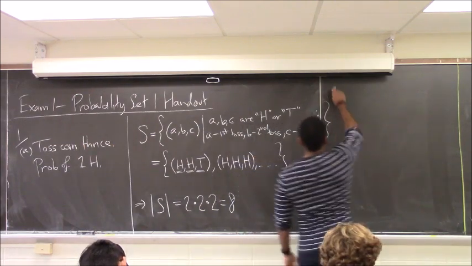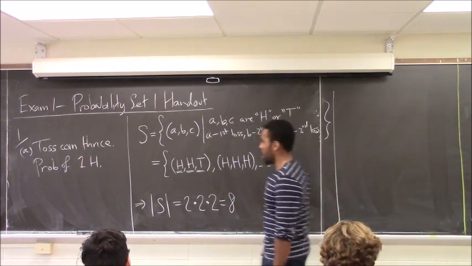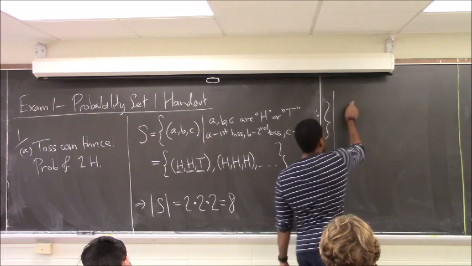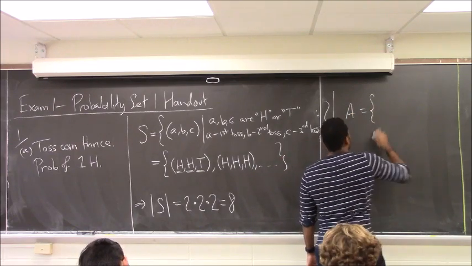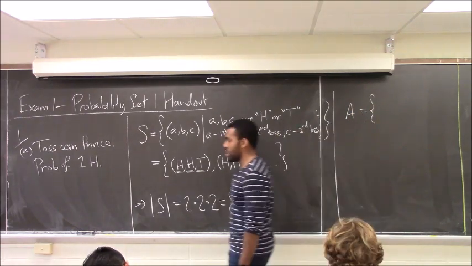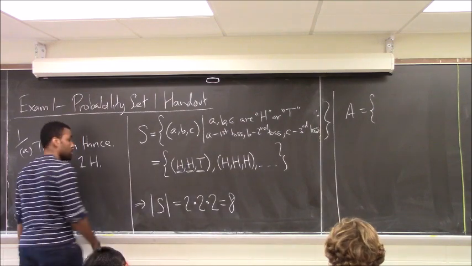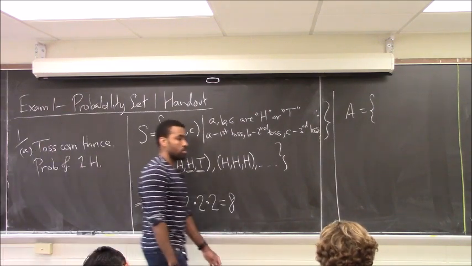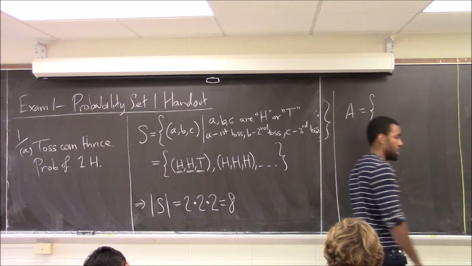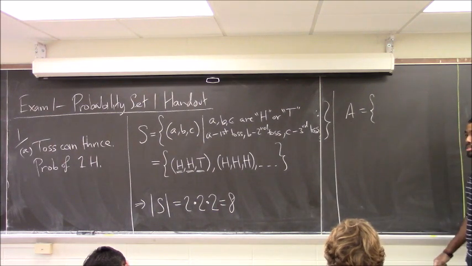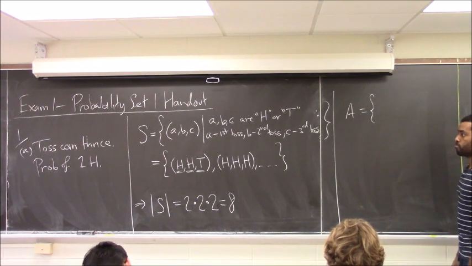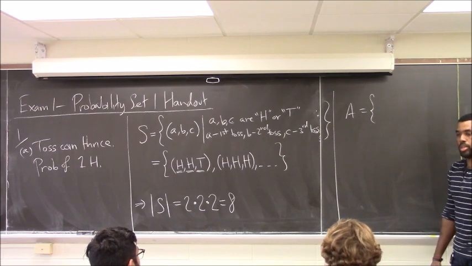Now, we want to talk about our event. Our event is going to be a subset of all total possibilities. So what would our event actually look like? How many ways can you get one H? There are literally 3 ways.